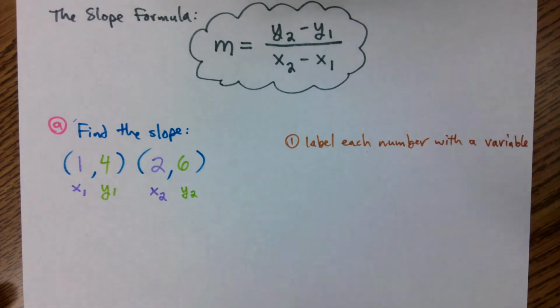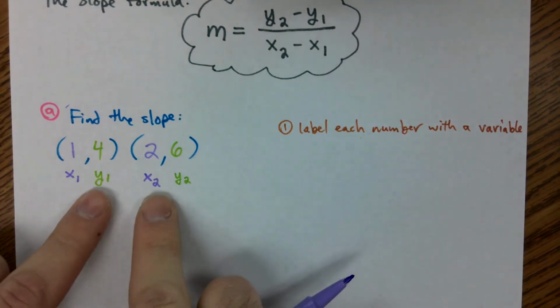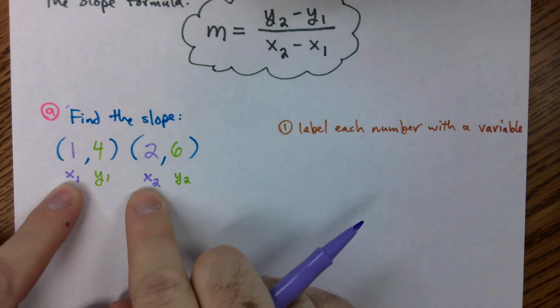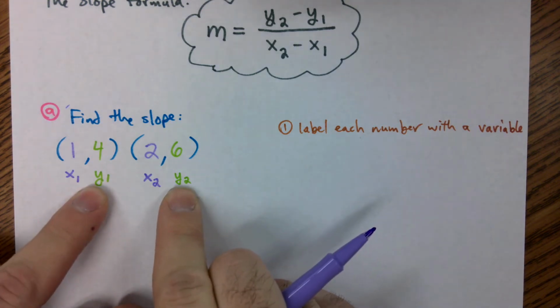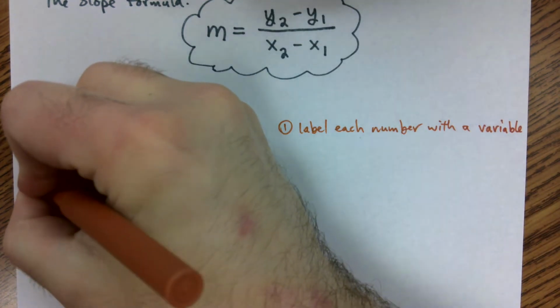Okay, I saw a lot of people make really, really small mistakes on the test when it came to just labeling them and plugging them in correctly. Okay, so we don't want to make those mistakes. So we've labeled them x1 and x2, and we've got y1 and y2. Okay, here's step 1.